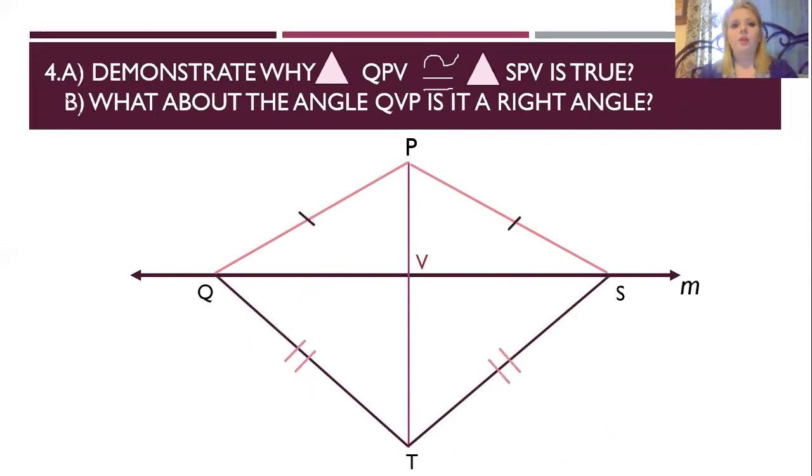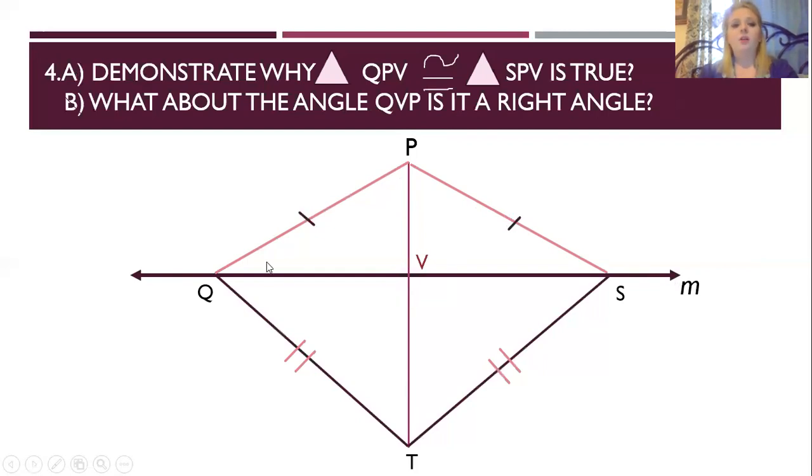So when we're looking, we know that we're looking at QPV. Instead of going all the way down to T, we're just stopping at V. So we know from previously that the QPV is always going to be the same triangles because this is congruent. That this is the exact same measurement apart from this line.